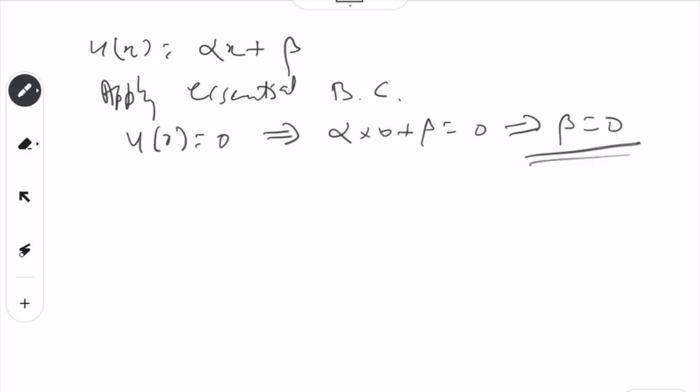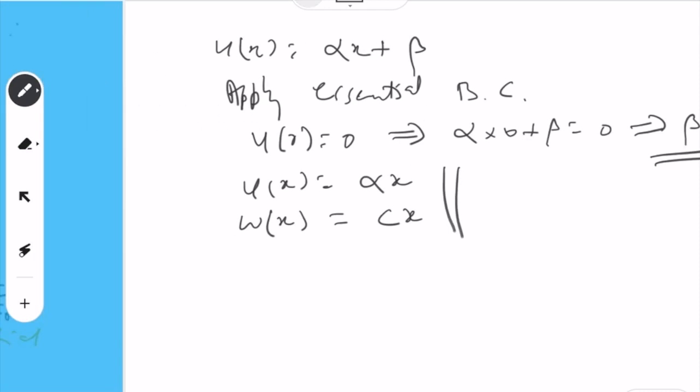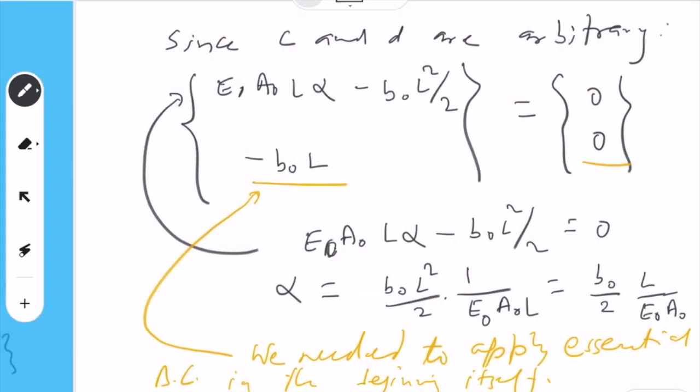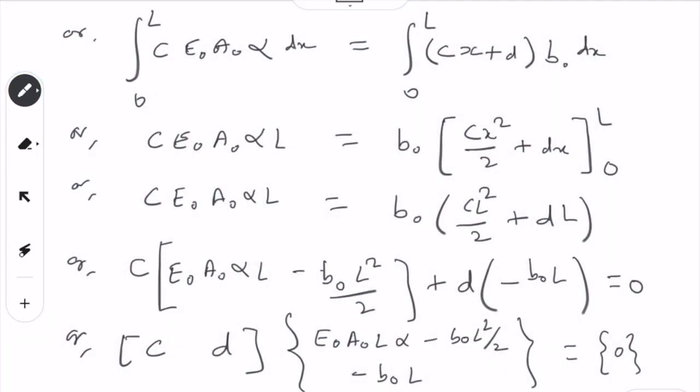So, we have beta equal to 0 to begin with. Then u of x you have to take as alpha x, and hence w of x will be like c x only, and then we do all the analysis. If you do the analysis this way, the d term will not be there.